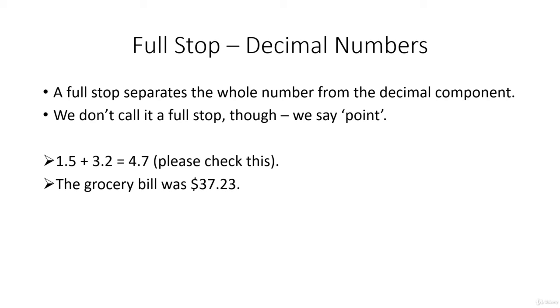Now here we have a currency value which is slightly different again, and we could say the grocery bill was $37.23, but that would sound a bit weird, and people would normally say the grocery bill was $37.23. Or in a pound version, that will be £167.48, please.